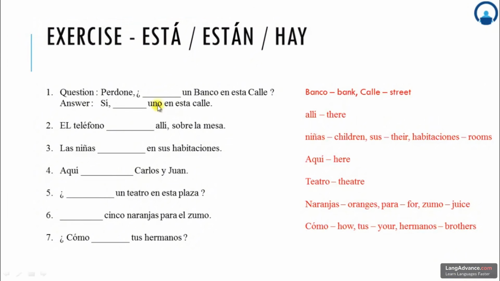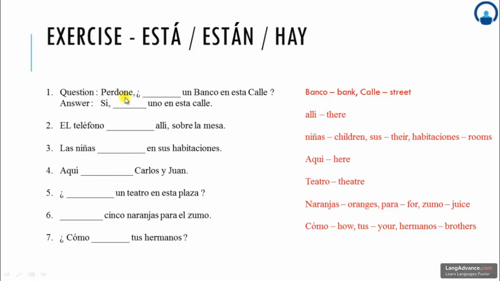How to solve this: you have statements or questions on the left hand side wherein you have to fill in the blanks with está, están or hay according to the statement or question. So I'll explain first what statements there are. First one is the question: Perdone, dash un banco en esta calle.